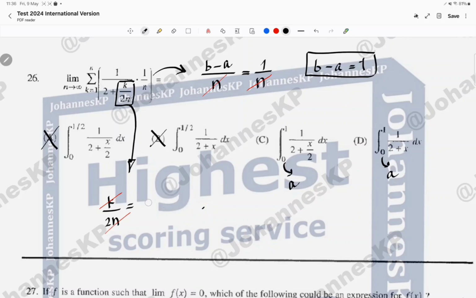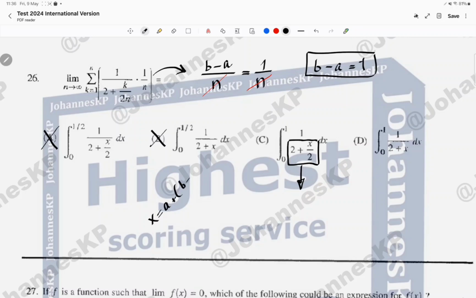So look, let's just recap it. Okay, so now we know that b minus a is equal to 1, correct? Yes. Okay. Let's look at this guy for a second. x is equal to a plus b minus a over n times k. That's like a rule. We know that the a is how much? 0.